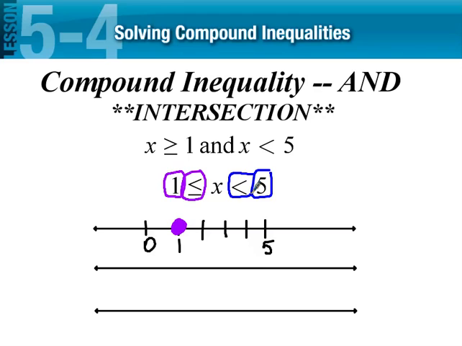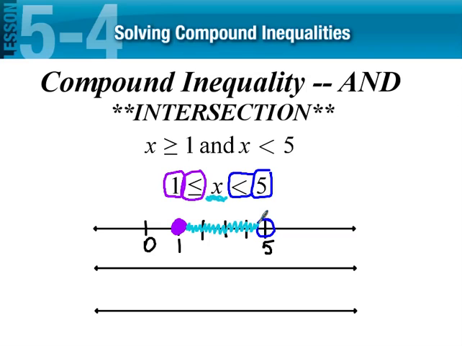Does that use a closed circle or an open circle? Open. Now, the rest of this says that x is between those two values because x is in the middle, kind of like a sandwich. So all I'm going to do is shade in between. And that's it. And that is the exact same graph as what we just looked at.